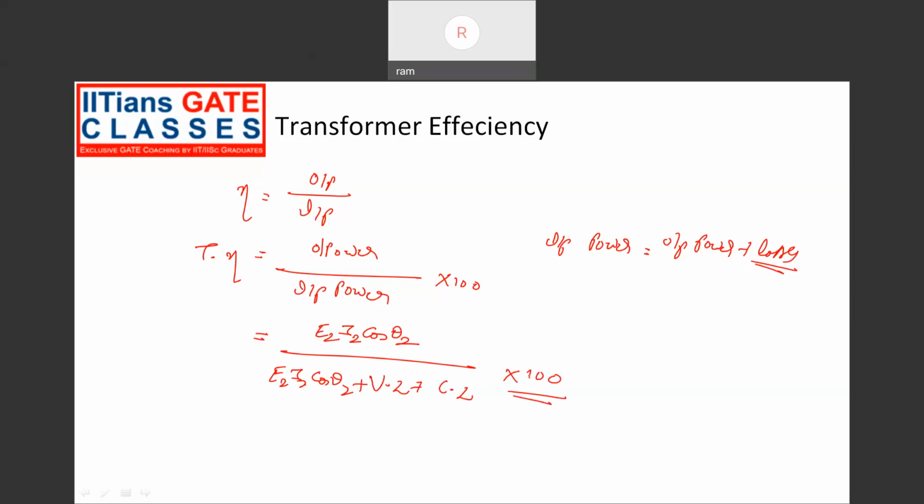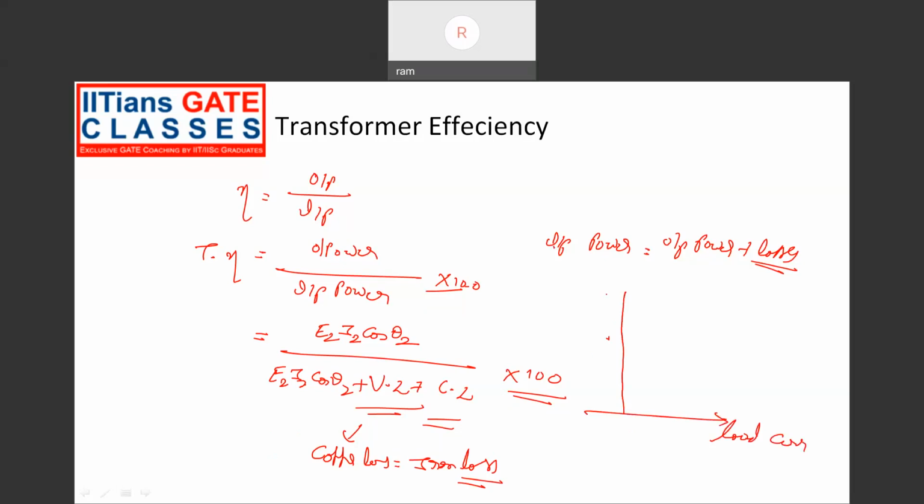Now the condition for the maximum transformer efficiency is that the variable loss should be equal to the constant loss, which means variable loss, that is copper loss, equals constant loss, that is iron loss. Then the efficiency of a transformer is maximum. So if you draw the plot of transformer efficiency with respect to load current, the efficiency increases and it gets maximum at some point.